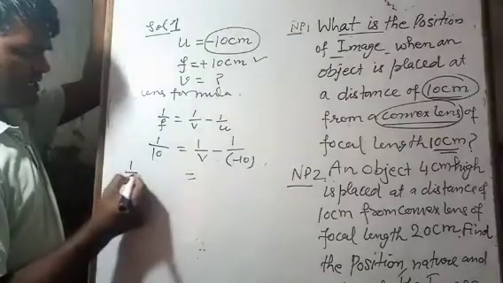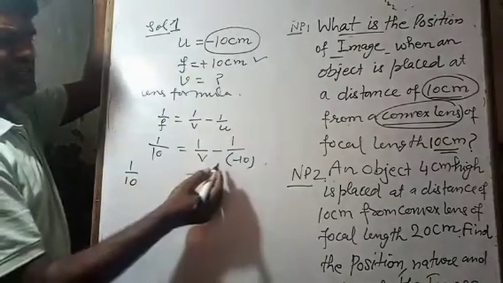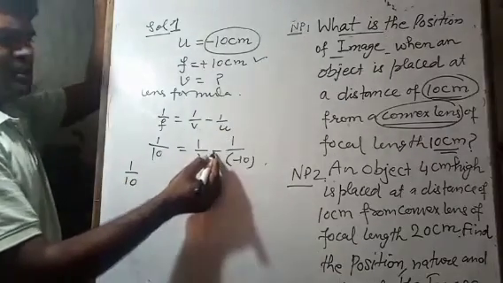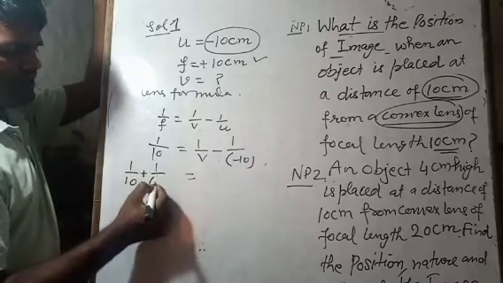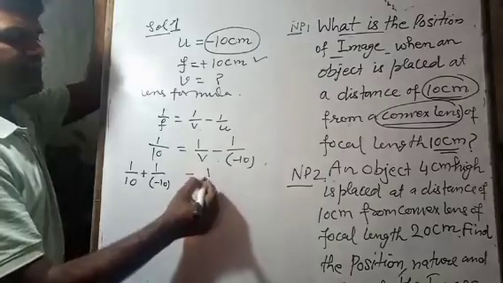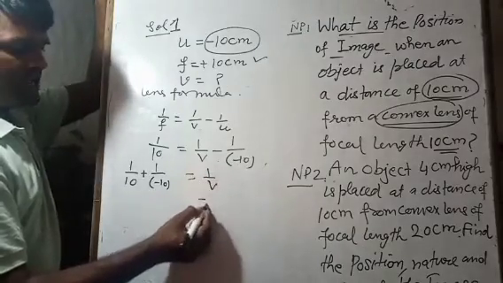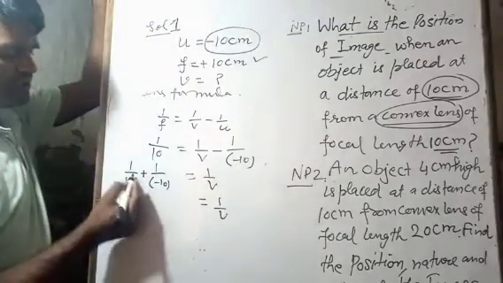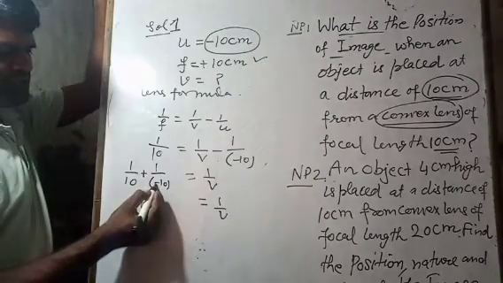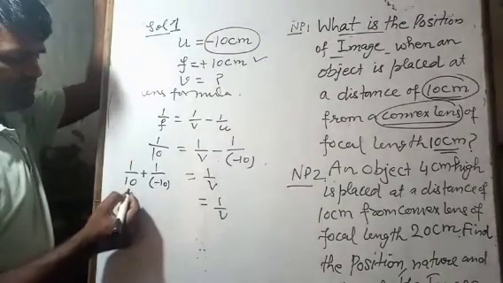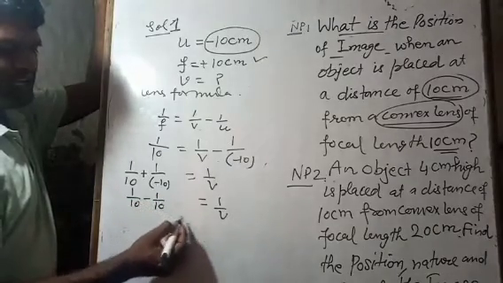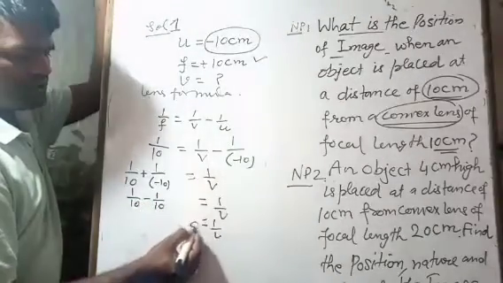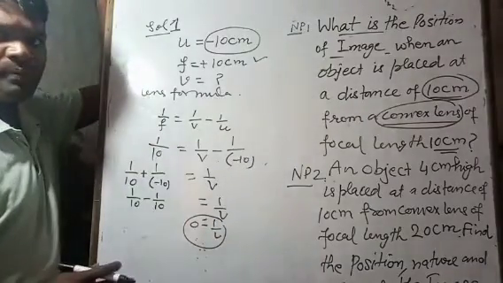Then we are going to rearrange. 1 by 10 was already there. Then this minus symbol will be plus 1 by minus 10 and it will be equal to 1 by v. Hence 1 by v will be equal to 1 by 10, and this sign will multiply with this one, it will be minus once again, 1 by 10 minus 1 by 10 means 1 by v is going to be 0.